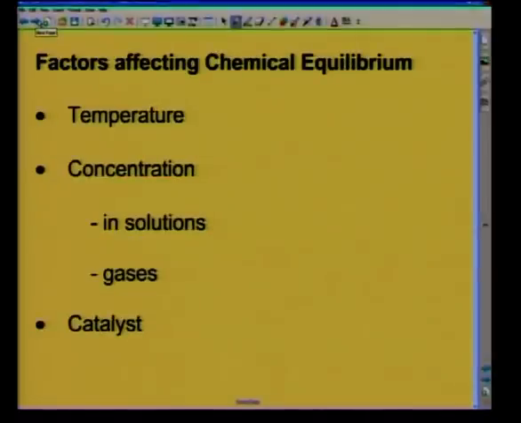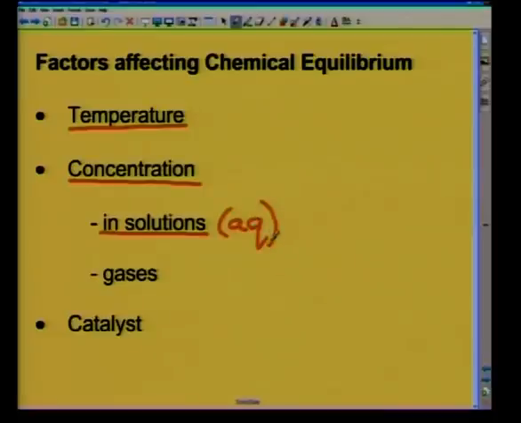Like I've already explained, we're talking concentration and we're talking temperature. When we talk concentration, we're talking about substances that are in solution form, in other words, those substances where the state is represented as aq.